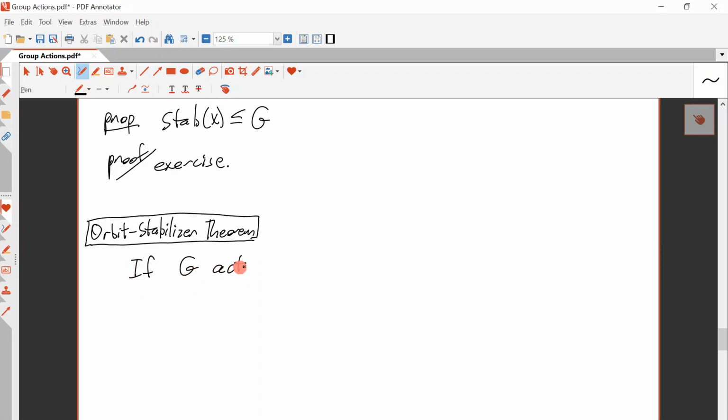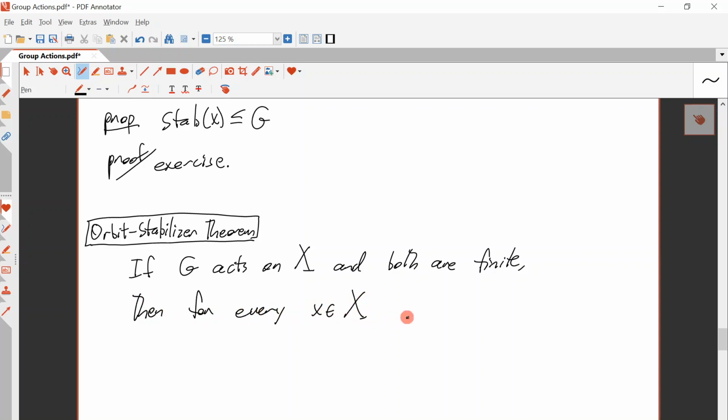If G acts on X, and both are finite, this all goes out the window if they're not finite, then for every little x in the set X, the size of the orbit of x times the size of the stabilizer of x is equal to the order of G. Okay?